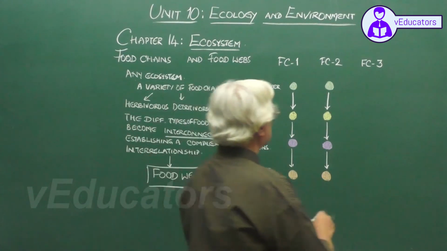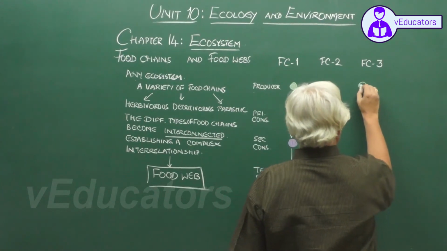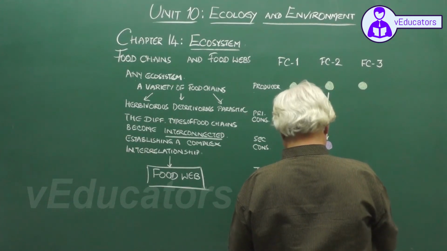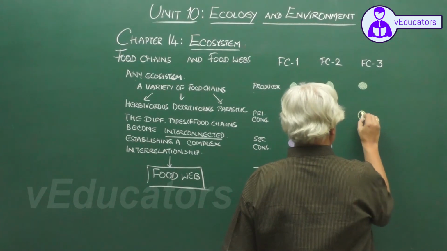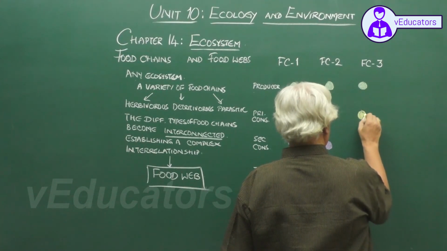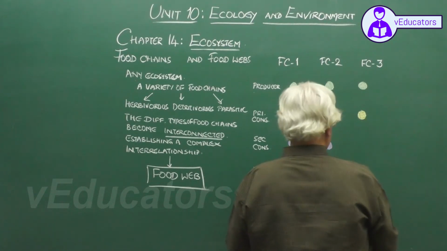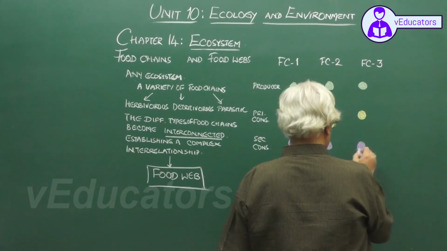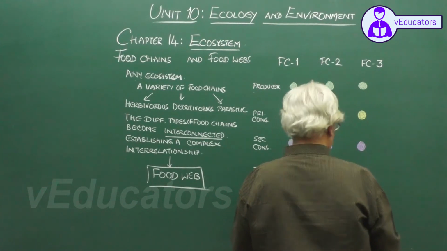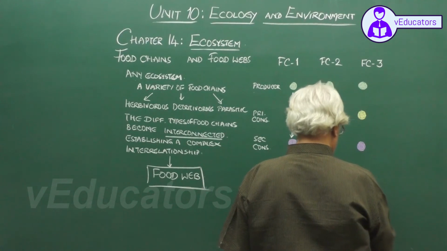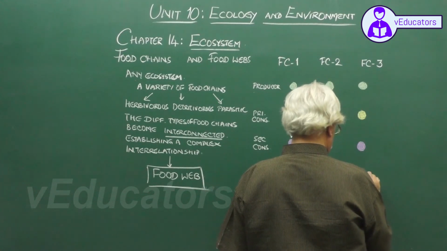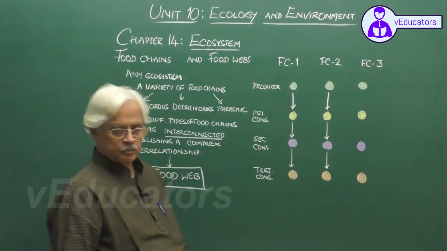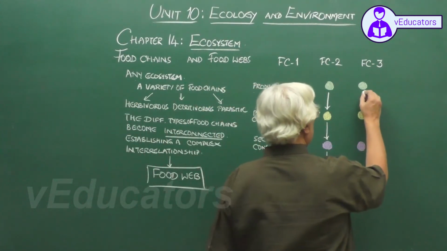In the same way, the third food chain has a plant, has a primary consumer, a secondary consumer, different from these two, and a tertiary consumer, different from these two. So this becomes food chain 3.